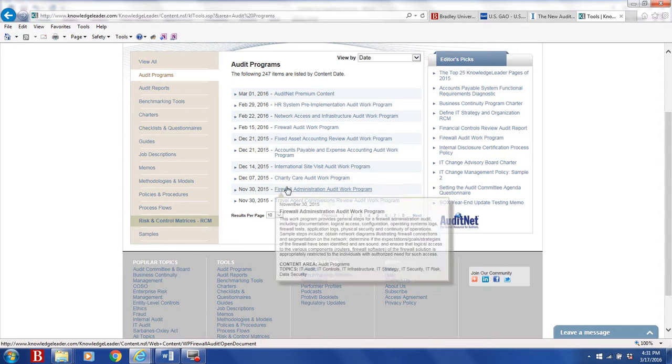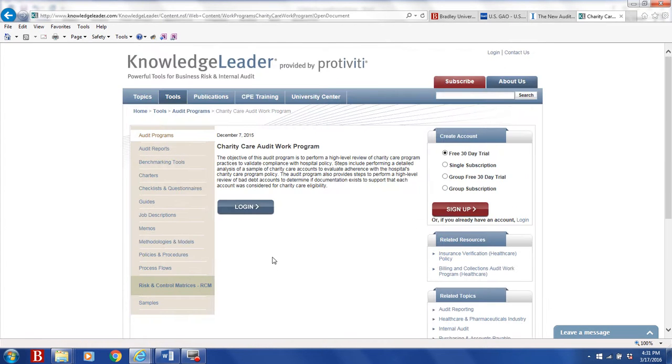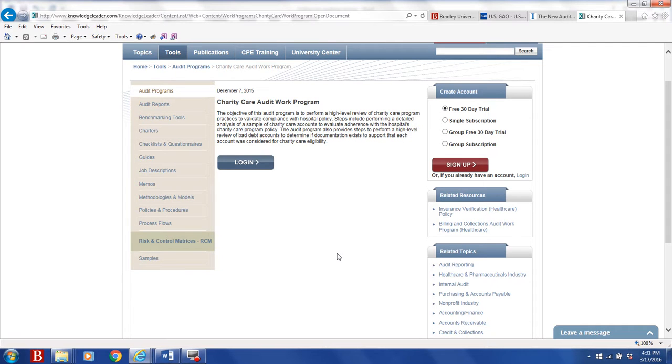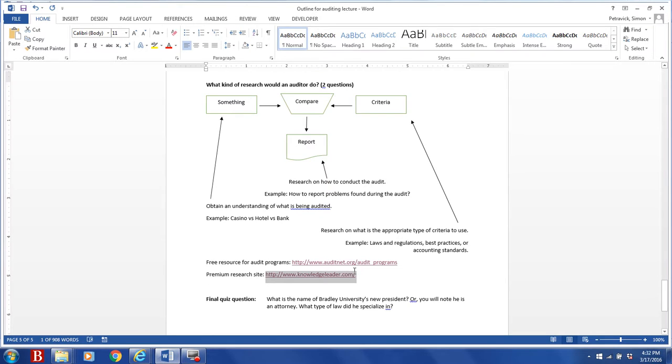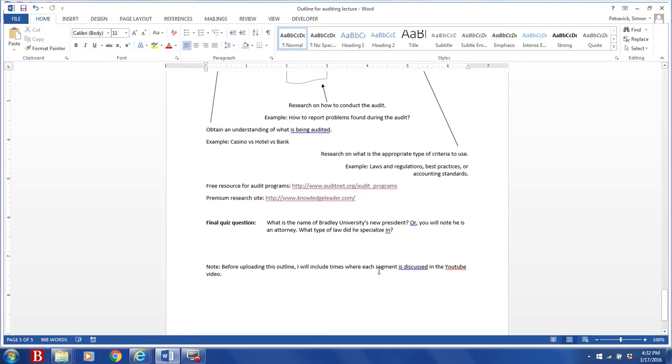If I wanted to get into one of those, it's going to ask me to log in. They actually give you a free 30-day subscription for auditing related classes. We can obtain free subscriptions for students, and this gives us a way to get to a wide variety of professional resources. So that's some information about the kinds of research that we would do as an auditor.